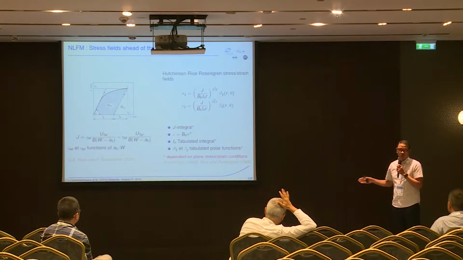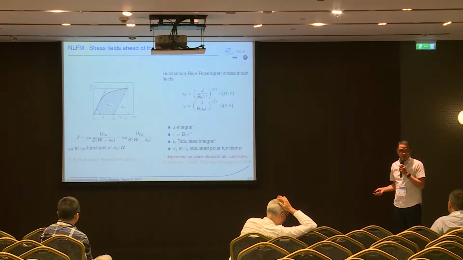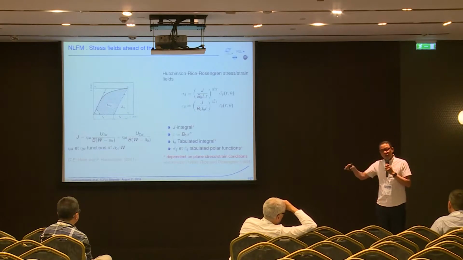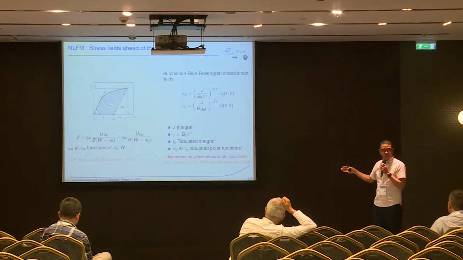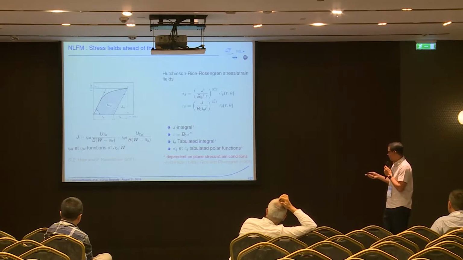It's supposed that for a flat specimen, at the lateral surface you have a plane stress condition, whereas at the mid-thickness you have a plane strain condition. Meaning that for a 3D specimen, you don't have a continuous evolution of the stress singularity, because you have just the lateral surface or the mid-thickness. So these things have to be checked also.